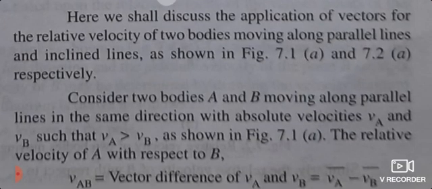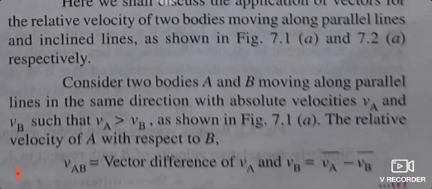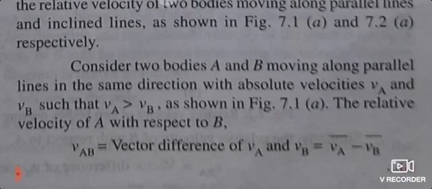Consider two bodies A and B moving along parallel lines in the same direction with absolute velocities VA and VB, such that VA is greater than VB, as shown in figure 7.1a.